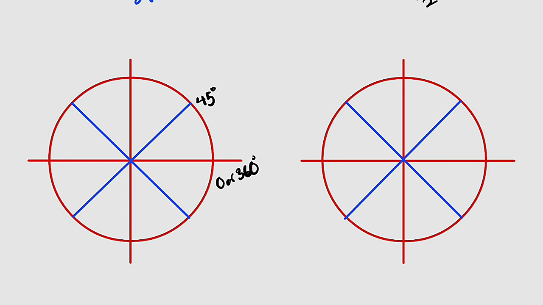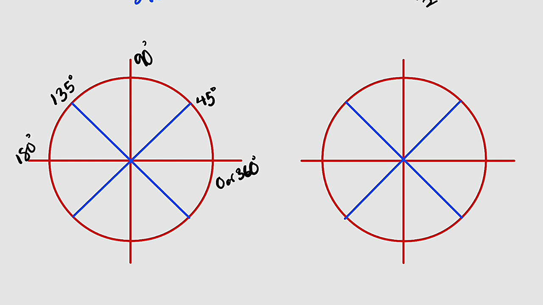Just consider it as multiples. This will be 90, that is 45 times 1, 45 times 2, then we have 135 degrees. If you multiply by 4, you have 180 degrees.